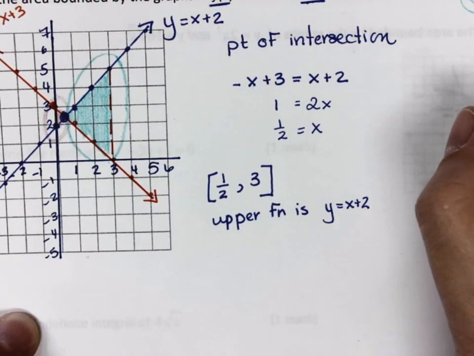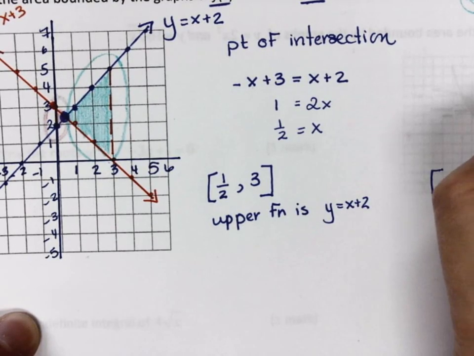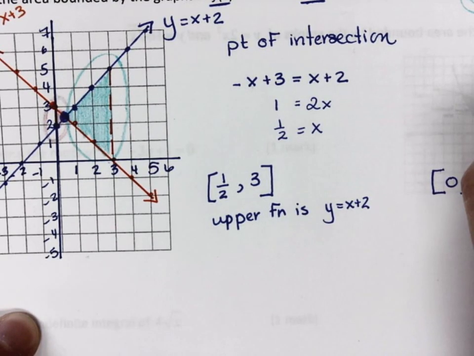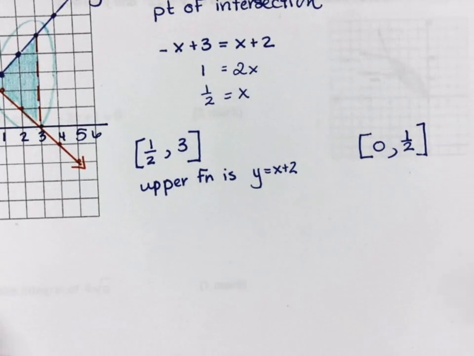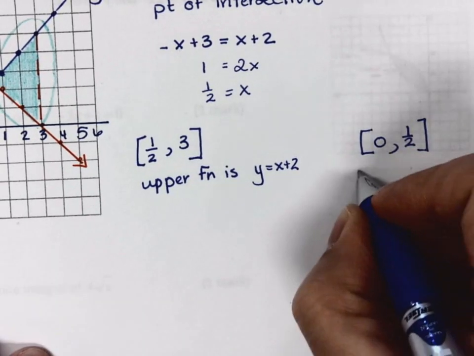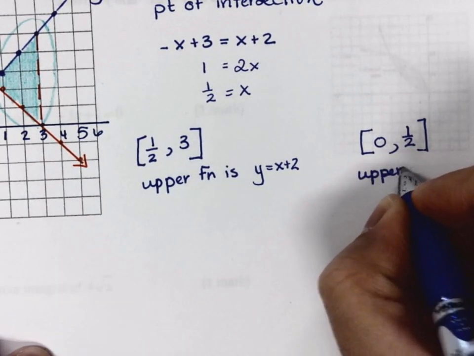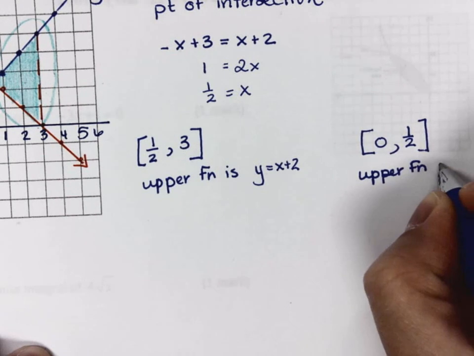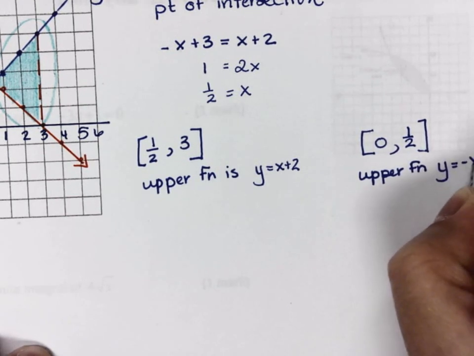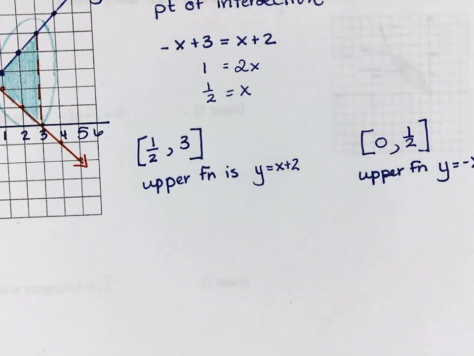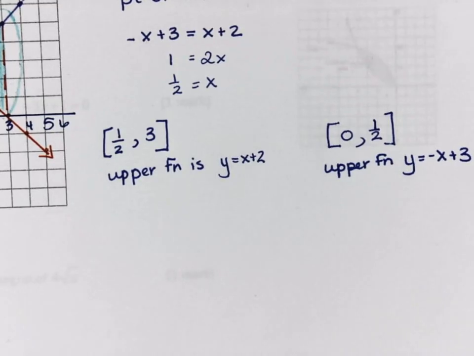And I know going from 0 to 1/2, the upper function is y equals negative x plus 3. So I had to break it down because my upper functions changed. So now essentially we're just going to break this out and go from there.